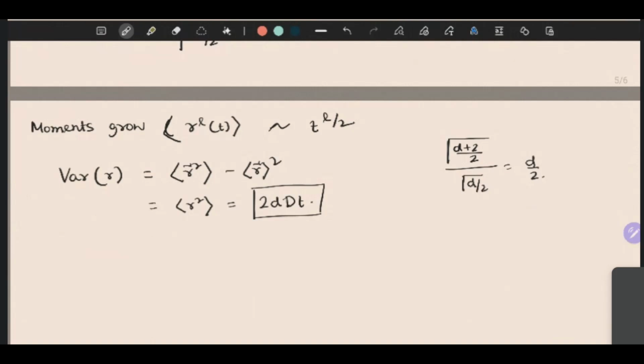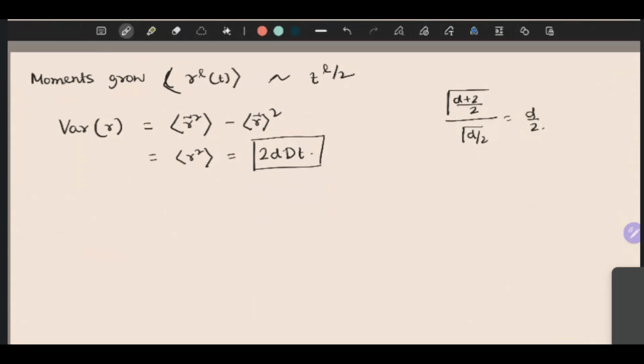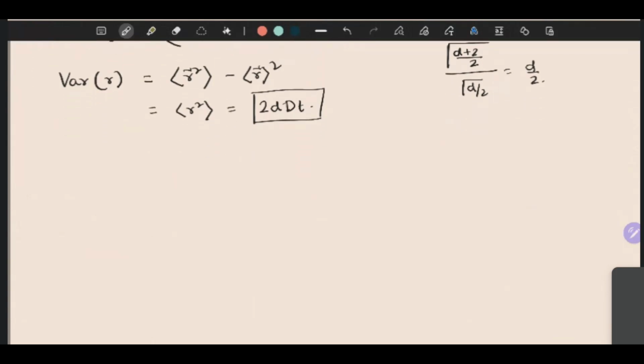So now we will study the continuous random walk. First we will talk about the biased random walk, because that will give us the unbiased one.